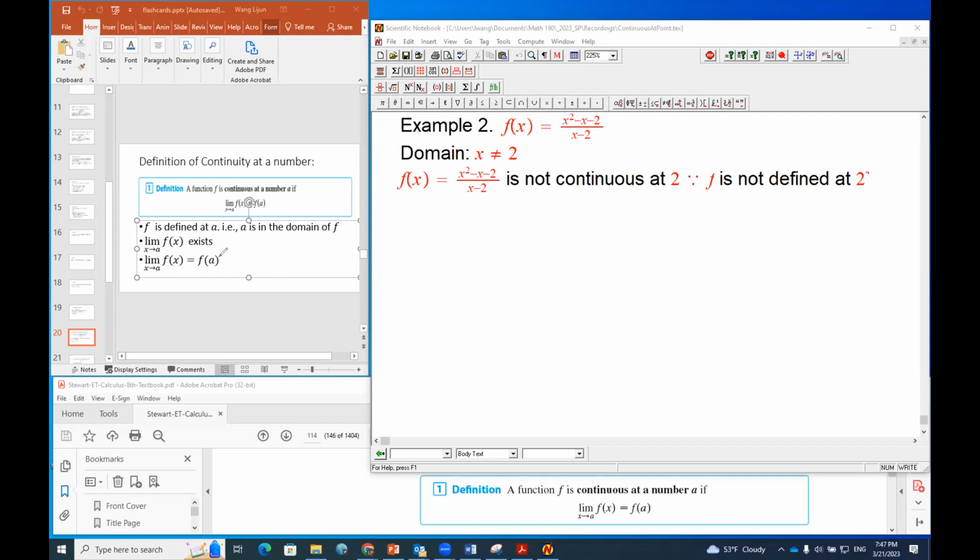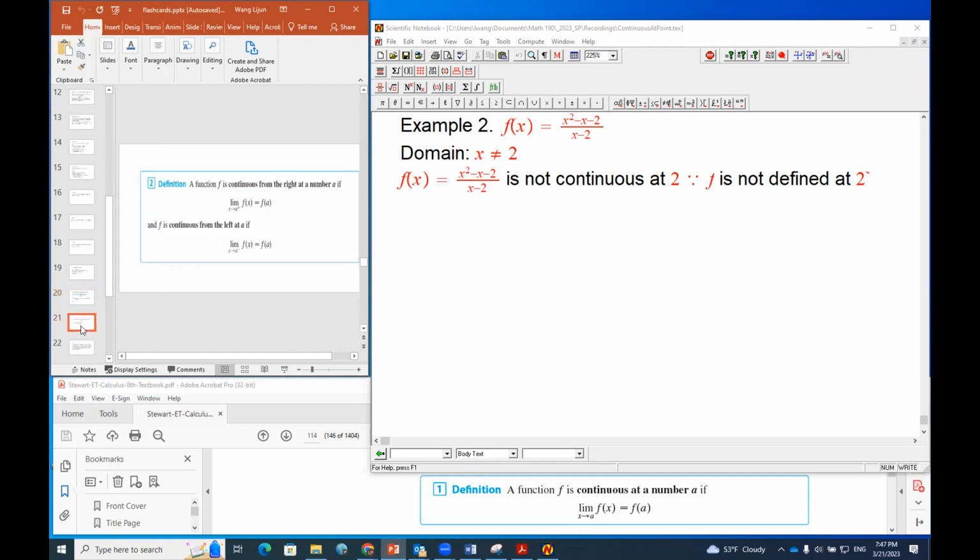Let's look at what other interesting properties we have about a continuous function. The next one is continuous from the right of a number or continuous from the left of a number. Sometimes we are interested in the continuity from the left of the number. So here's the definition. A function f is continuous from the right of a number a.